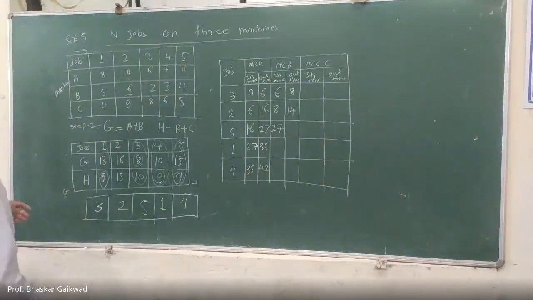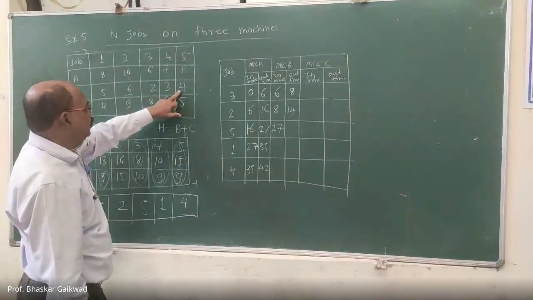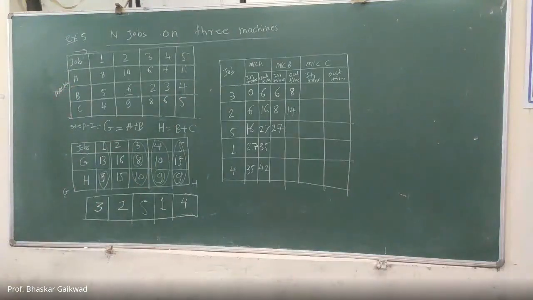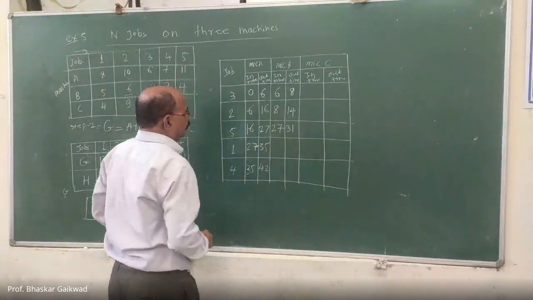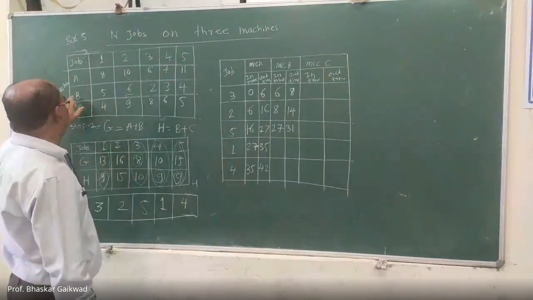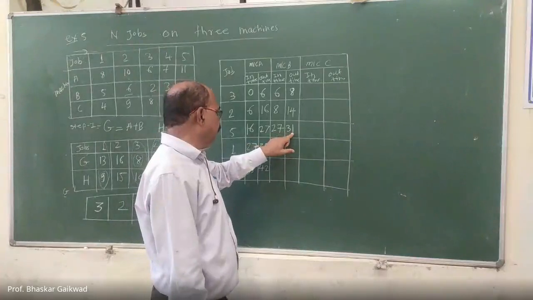So job number 5, processing on machine B. So 27 plus 4. How much there? 31. So here it is 31. Job 5, machine B, 4 is there. This 4 plus this 27, 31.